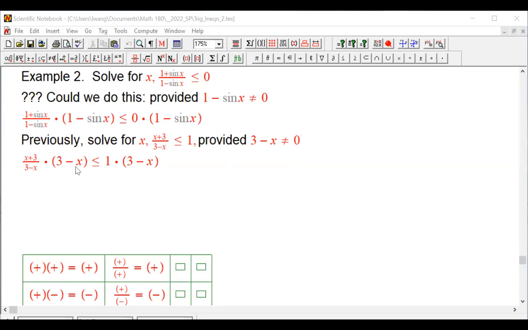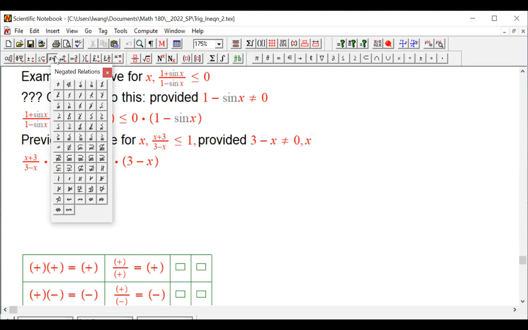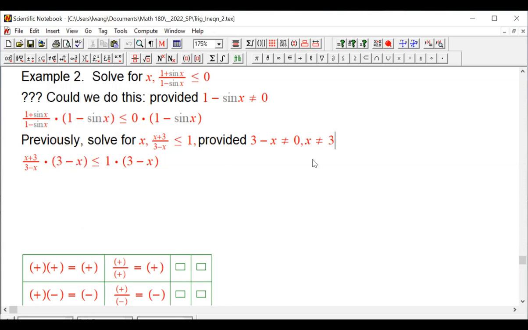All right, previously when we discussed how to solve this inequality, we said that if you multiply both sides by 3 minus x, knowing that 3 minus x cannot be 0, which implies that x cannot be positive 3, under this assumption, we cannot multiply 3 minus x on both sides without any restriction.